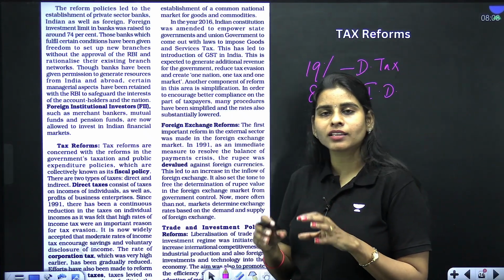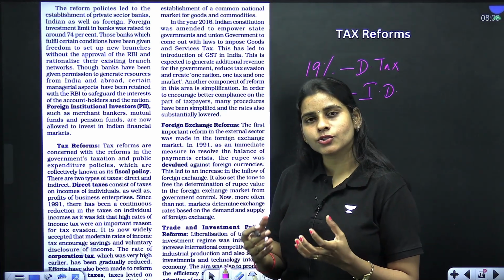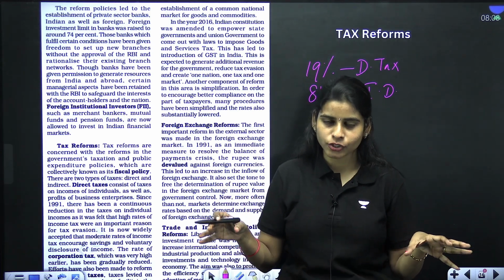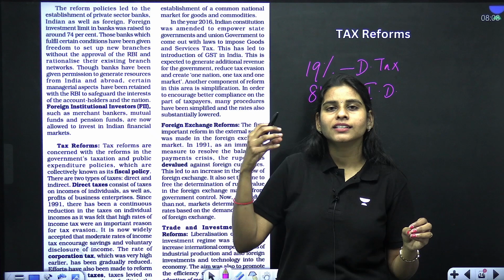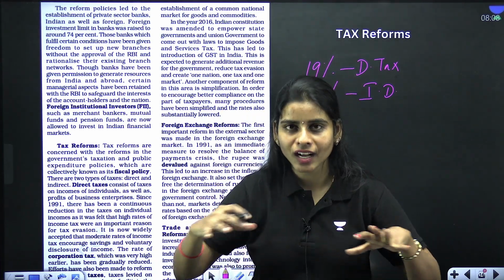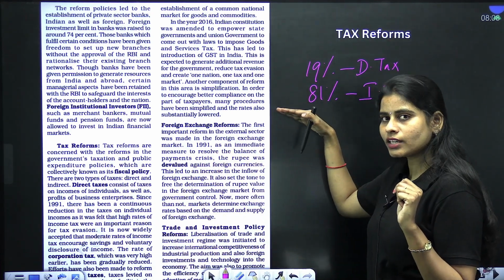So this is something that can pave the way for inequality, right? Because for any country, the direct tax should be more than the indirect tax collection. Why so? It is because direct tax has something to do directly with reducing the inequalities existing in the country. But that was not the case with India back then.